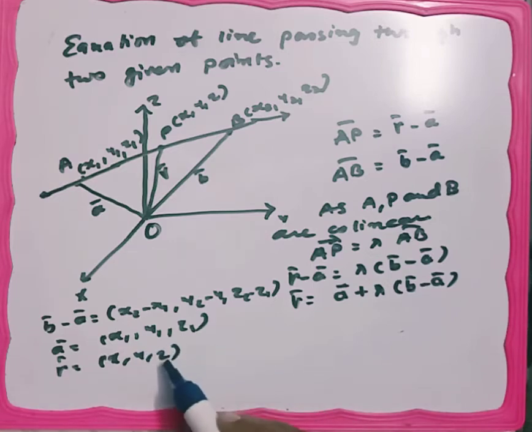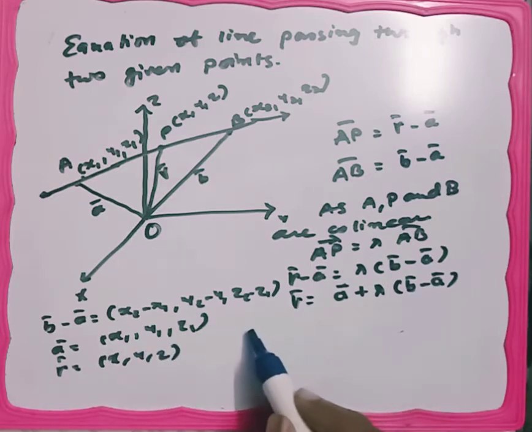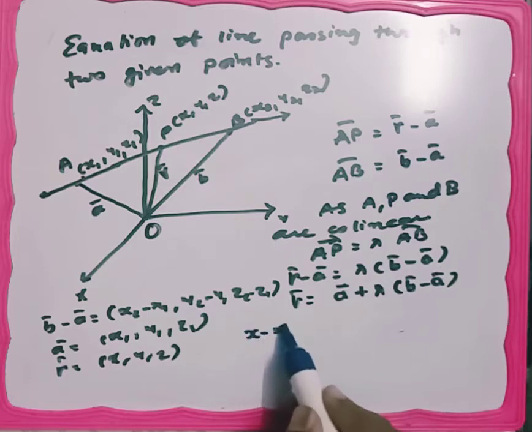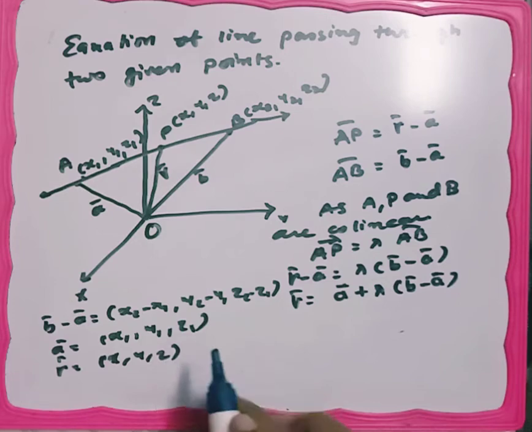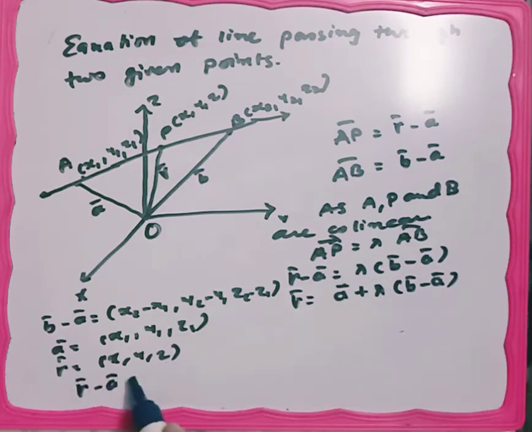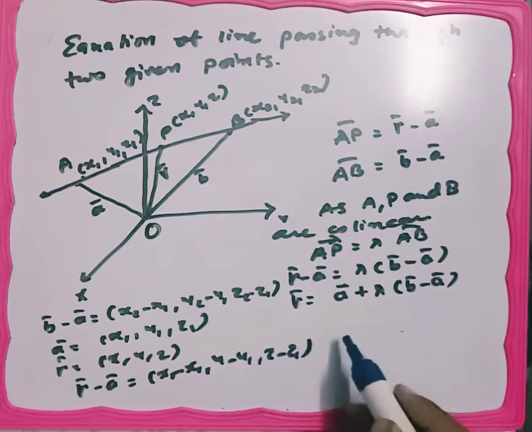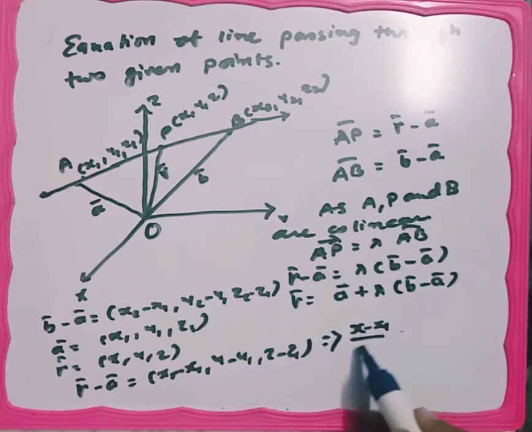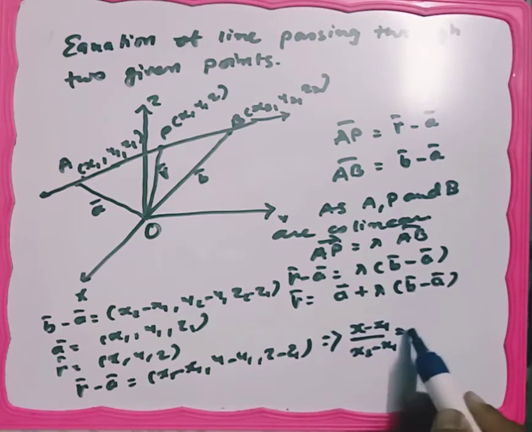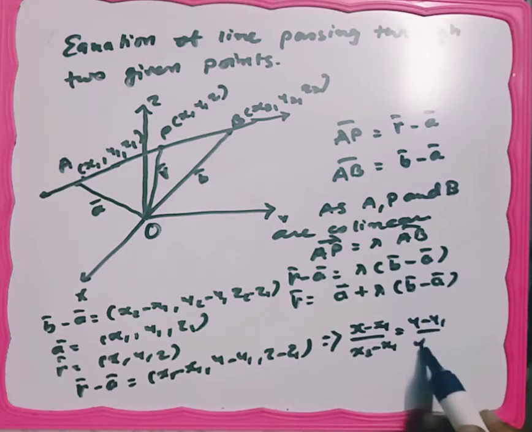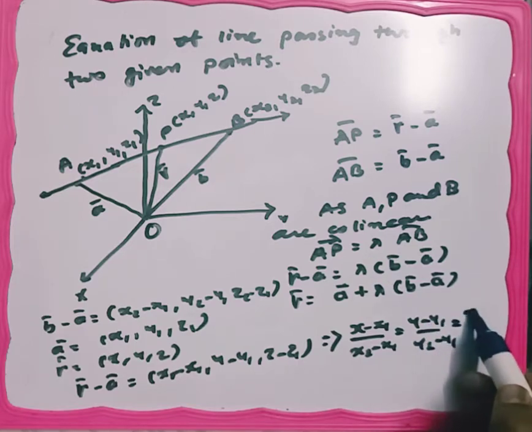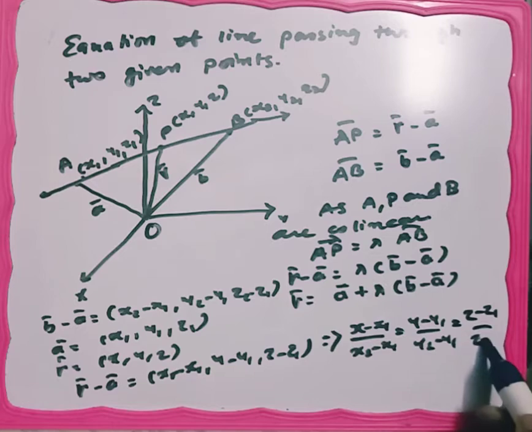Then the Cartesian form of the line we will get: r bar minus a bar will have x minus x1, y minus y1, z minus z1. So here the Cartesian form we can get: x minus x1 upon x2 minus x1, equals y minus y1 upon y2 minus y1, equals z minus z1 upon z2 minus z1.